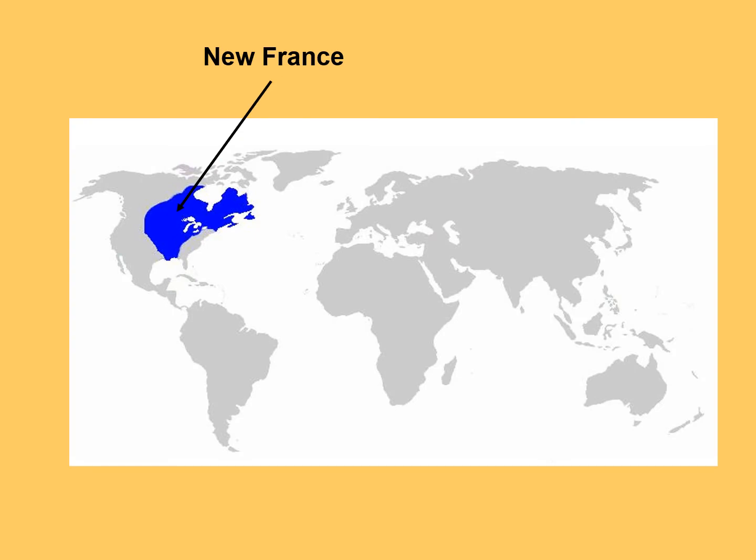We want to understand that Britain is not the only European nation that is colonizing in North America. We've already spoken about the Spanish Empire, the Spanish colonies in Central and South America. We should understand that France also has a pretty big chunk of territory in North America as well.